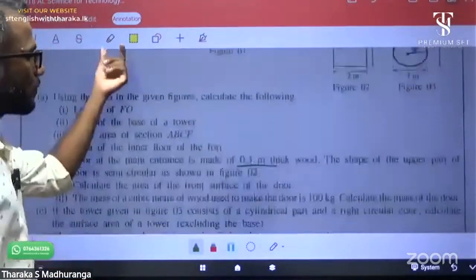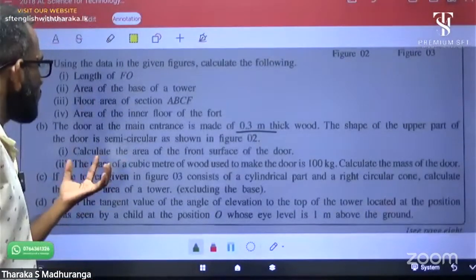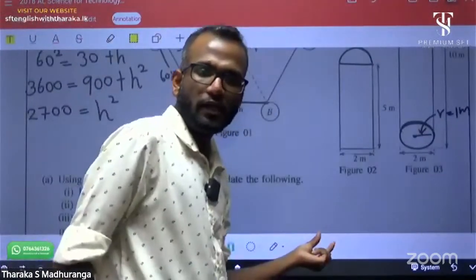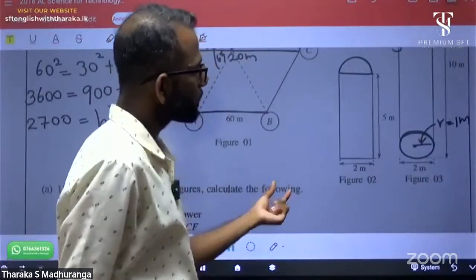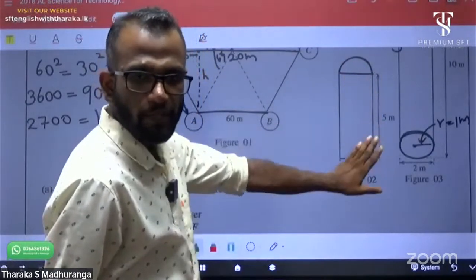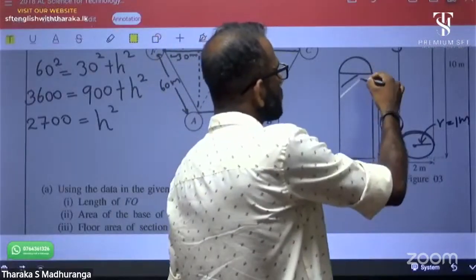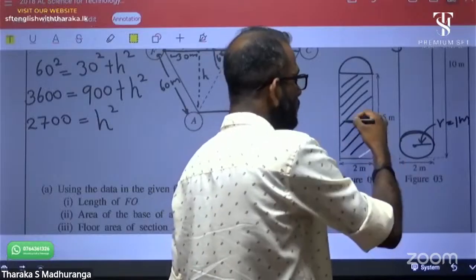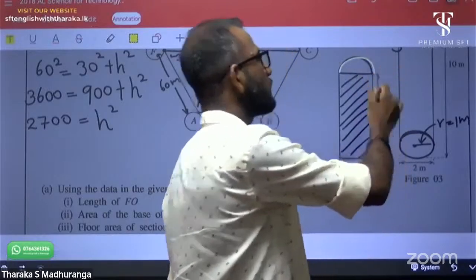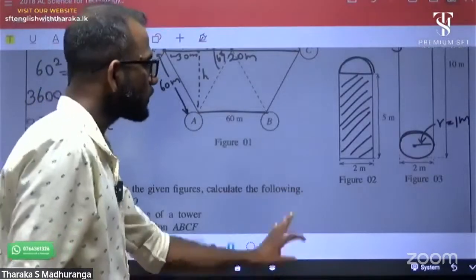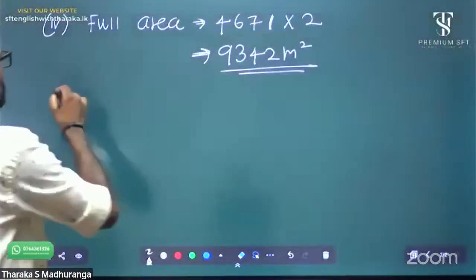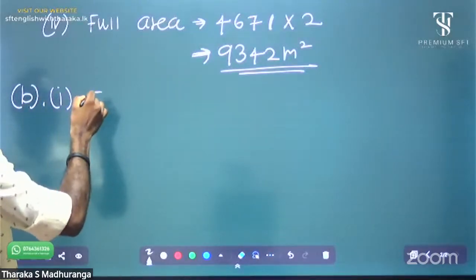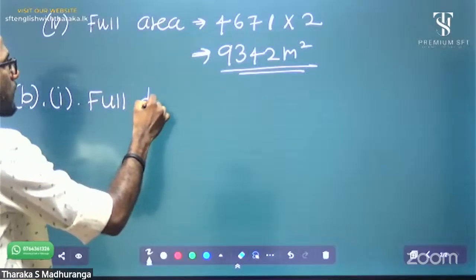Okay. Now, calculate the area of the front surface of the door. The full door area equals the rectangle area plus the semicircle area, right?